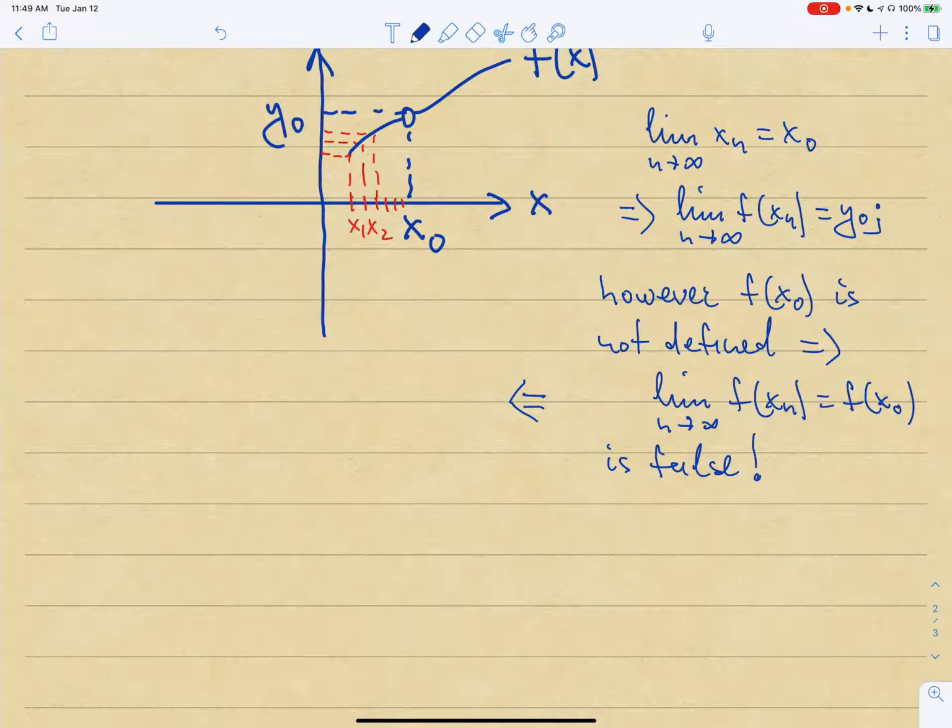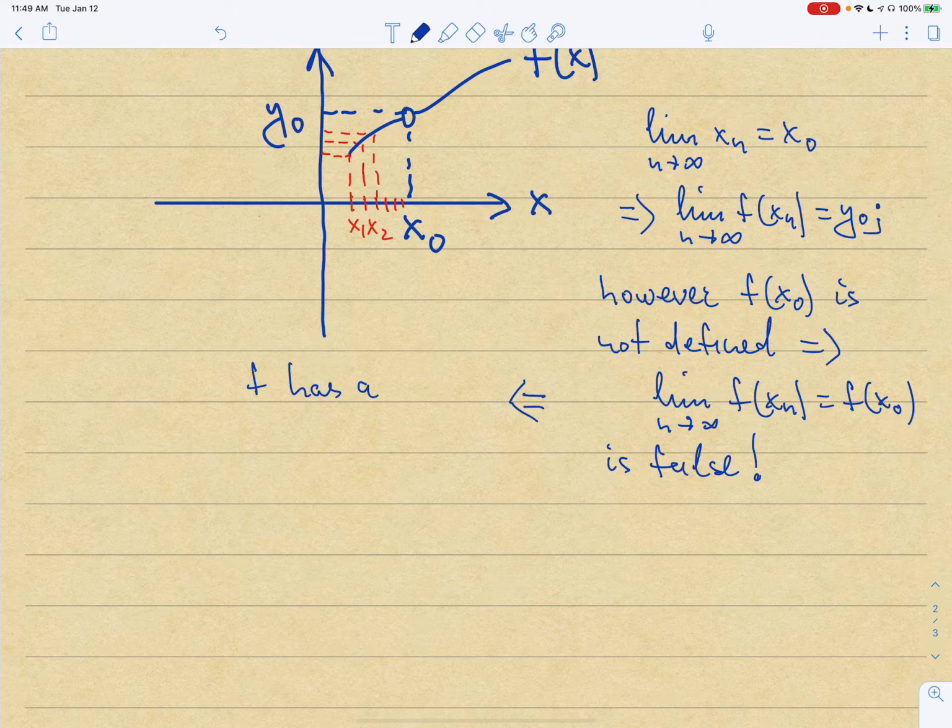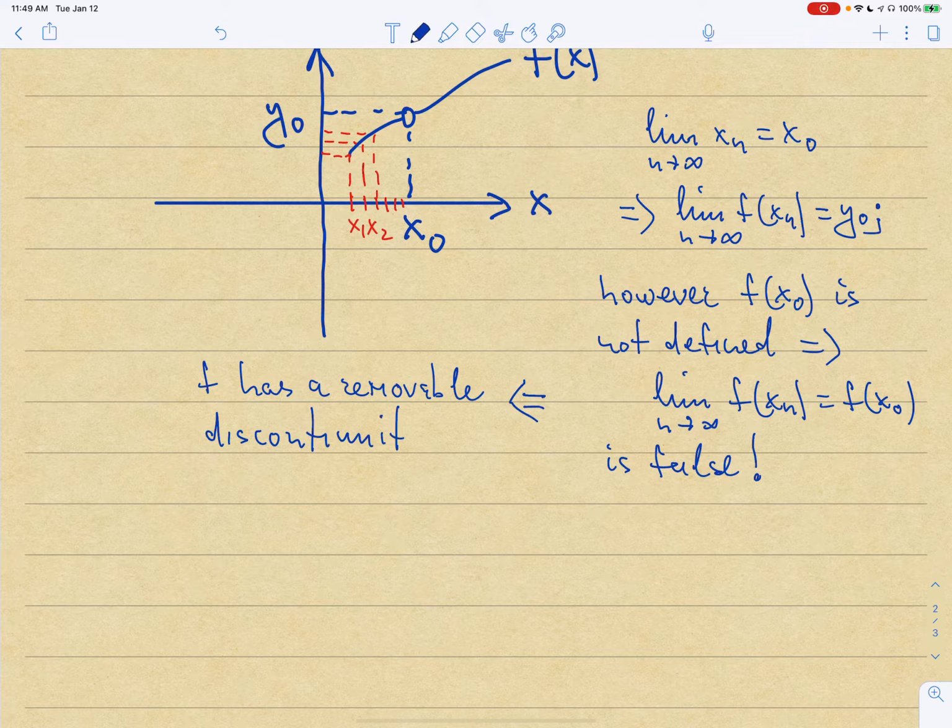So we'll say in this case that f has a removable discontinuity at a point x0.